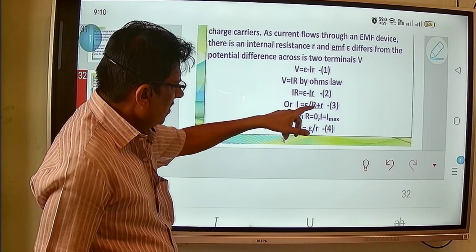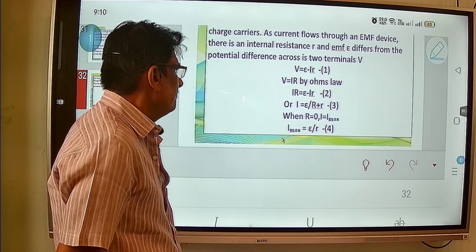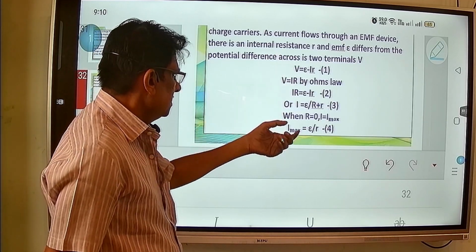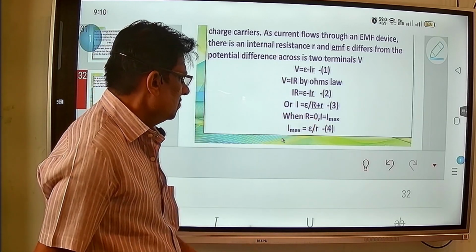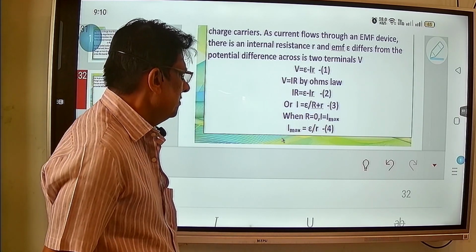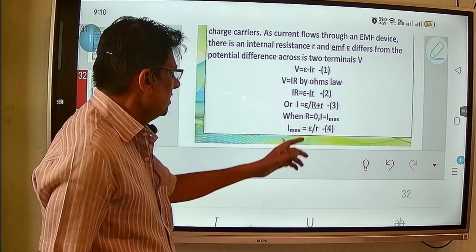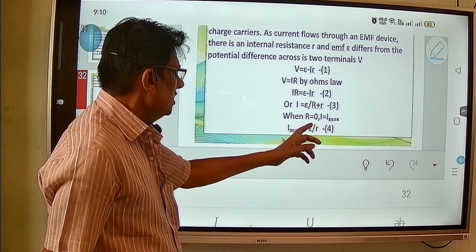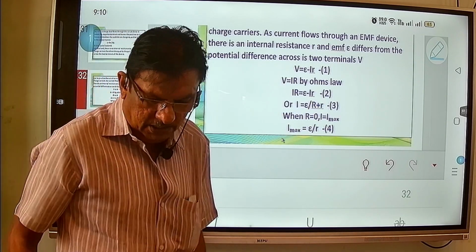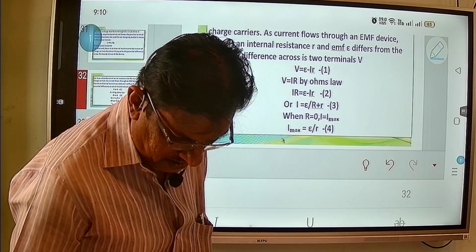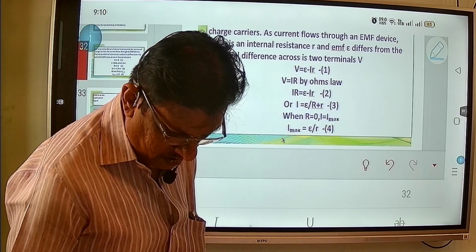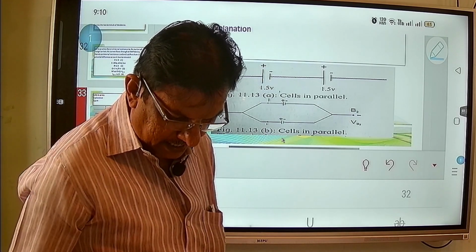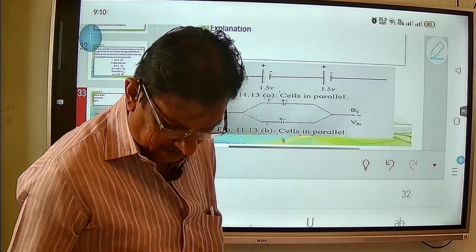If I put the value R is equal to 0, according to Ohm's law, if I select external resistance as 0, the current will be maximum in the circuit, and its answer will be what? If you substitute R is equal to 0, we get I is equal to E upon r. So this is one of the ways in which ideal EMF and non-ideal EMF explanation is considered.